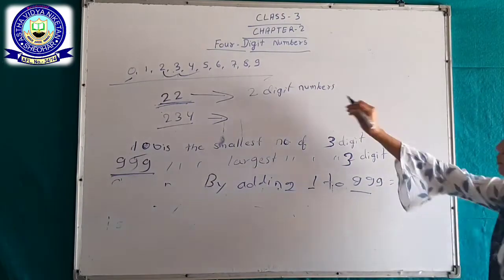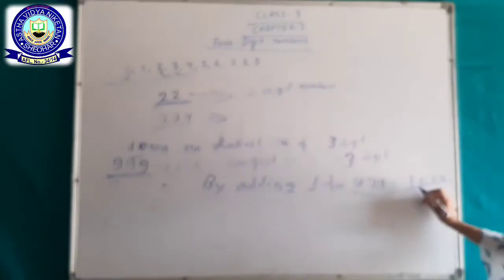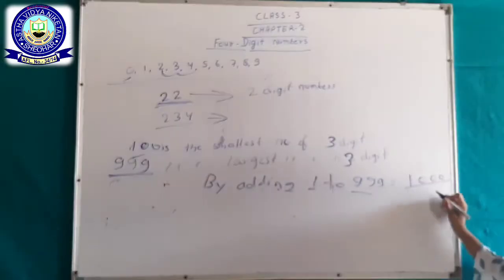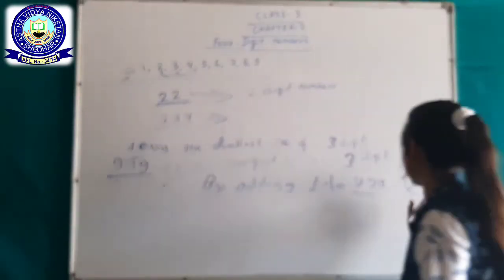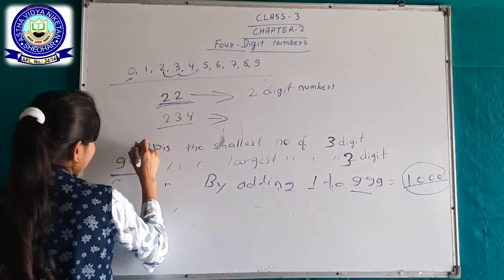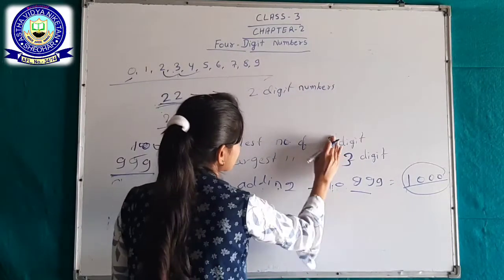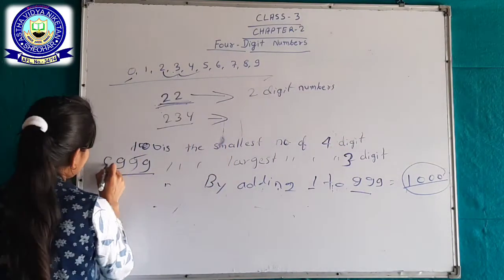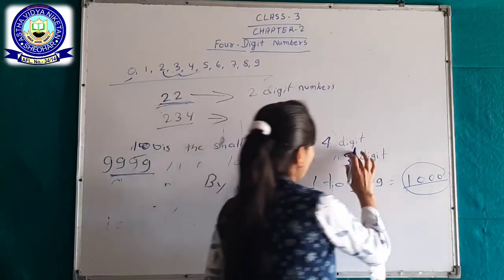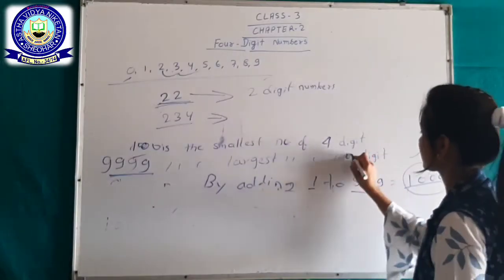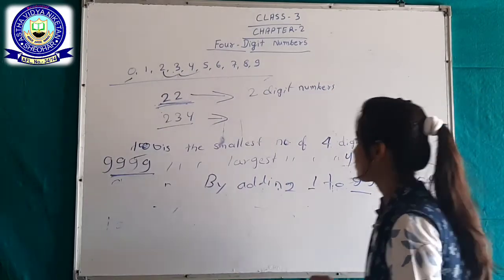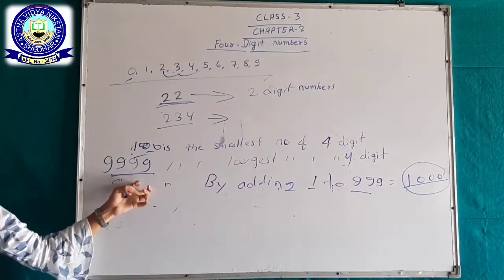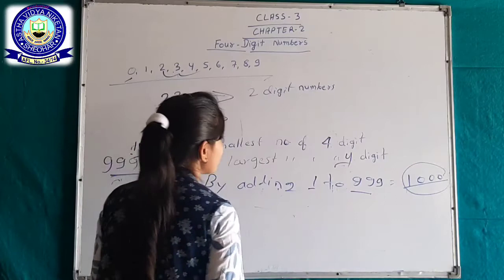This 1000 is a 4-digit number, and that's our chapter. 1000 is the smallest number of 4 digits and 9999 is the largest number of 4 digits.